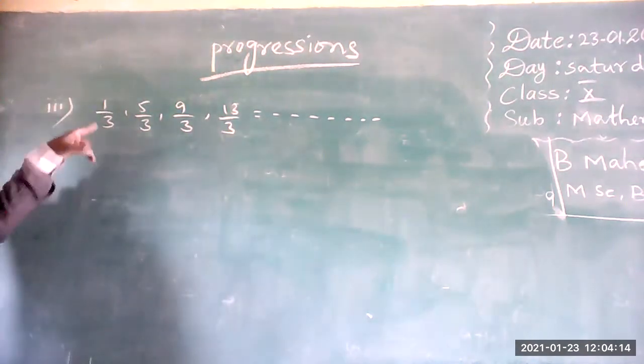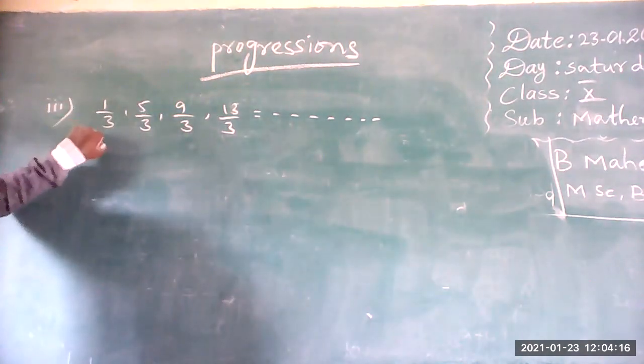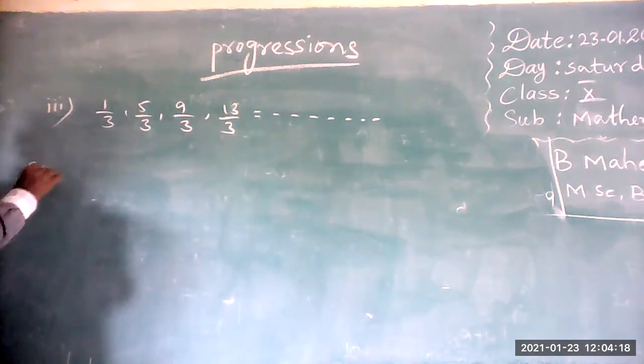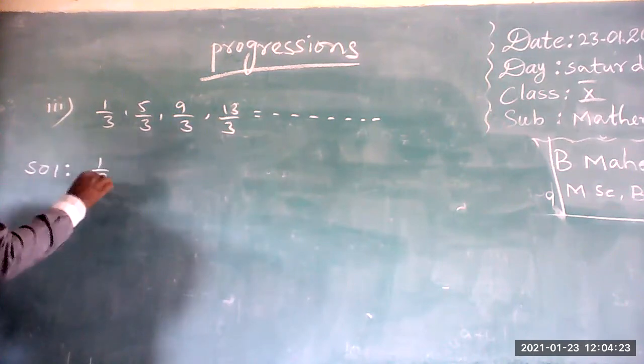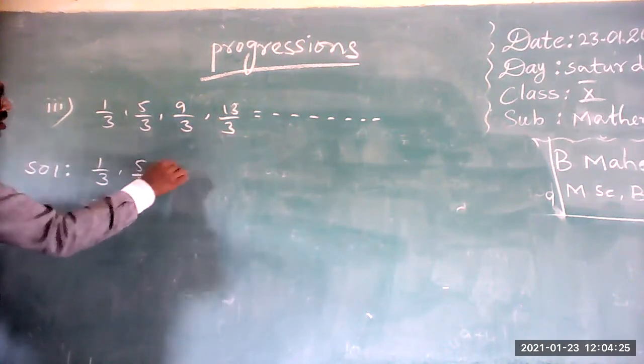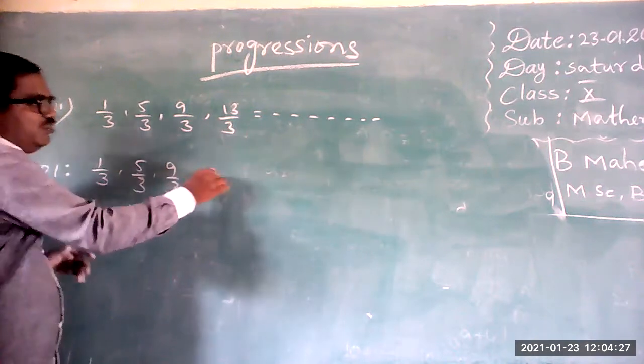So here also find the first term and common difference. So already you know in the given series the first term is 1 by 3, then 5 by 3, 9 by 3, and 13 by 3.